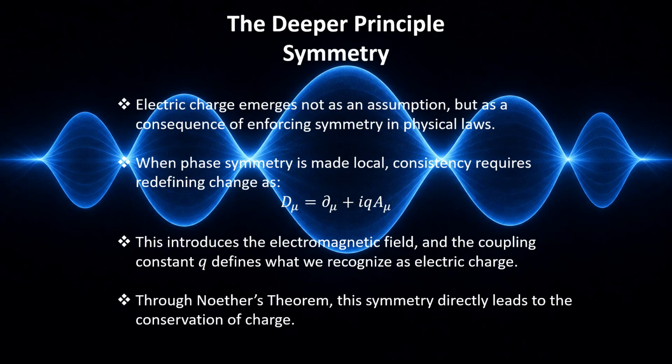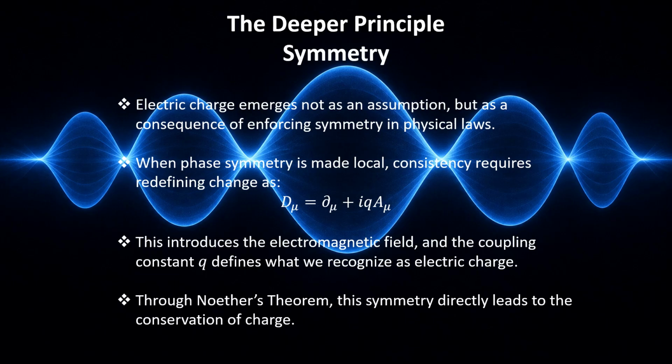A key insight is that if I change this phase uniformly everywhere, the physical outcome remains unchanged. Nothing measurable is affected. This invariance reveals the presence of a symmetry in the laws of physics. This symmetry is known as gauge symmetry. It expresses a powerful idea: the fundamental laws should remain unchanged under certain transformations of our mathematical description.